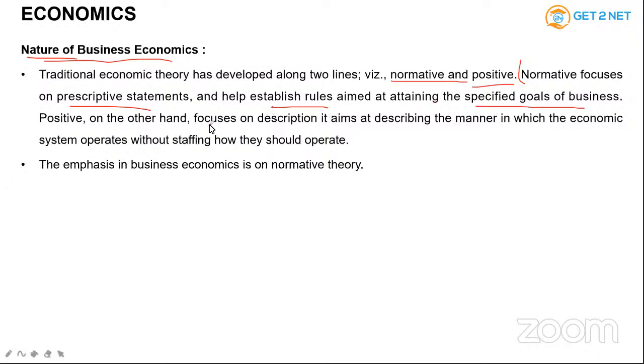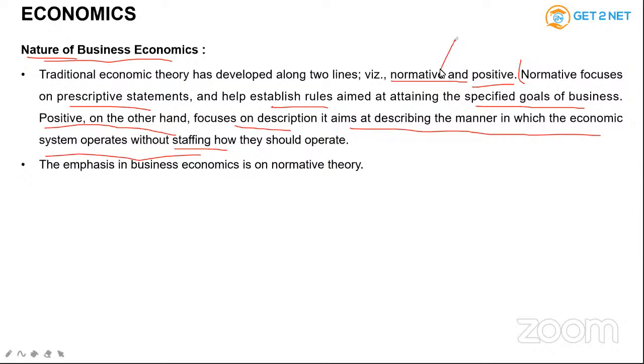And what is positive focus? Positive, on the other hand, focuses on description. It aims at describing the manner in which the economic system operates without staffing. Staffing means the right person at the right job at the right time. So one is normative, which means already predefined rules and regulations.